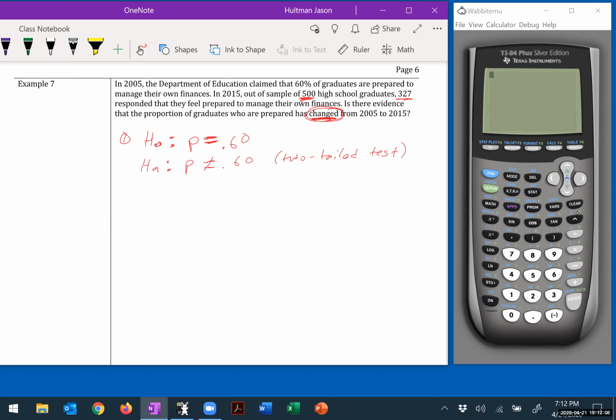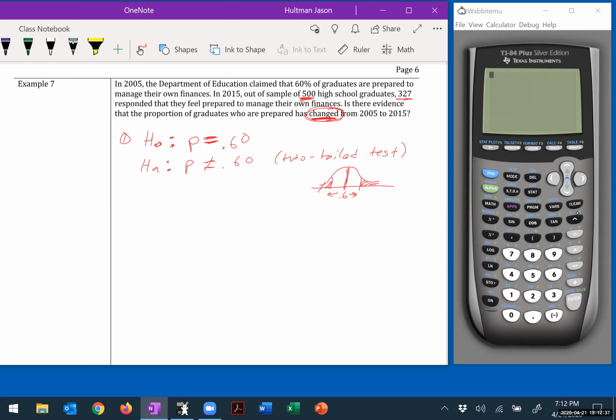Why is it called two-tailed? Because we're splitting up the testing region into 2 tails. So we just want to know how far away from 0.6 in either direction it has gone. Before we were just interested in one direction. Not to be confused with the famous boy band from the early 2000s.